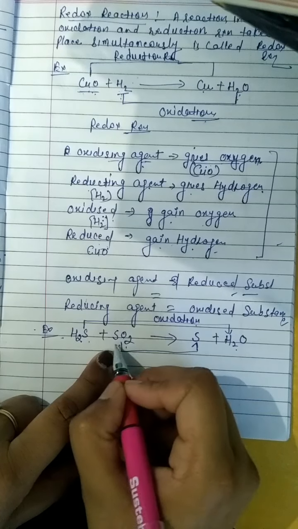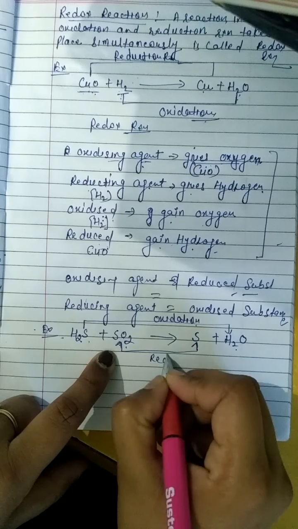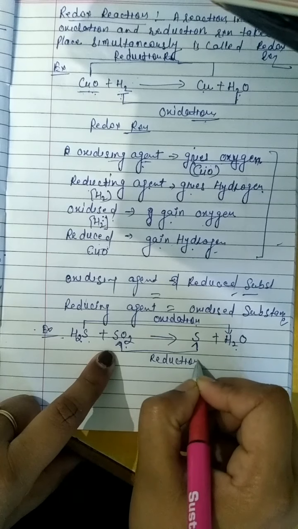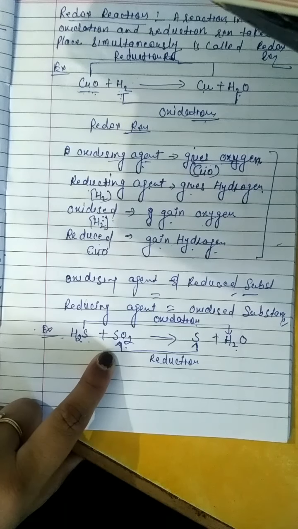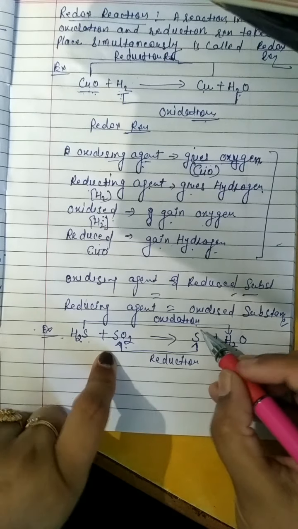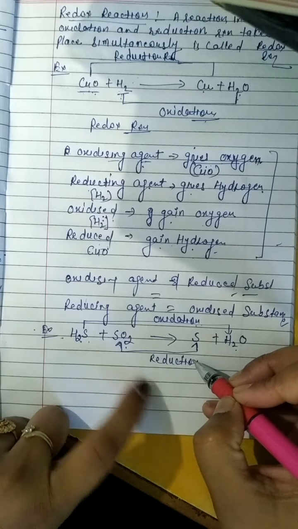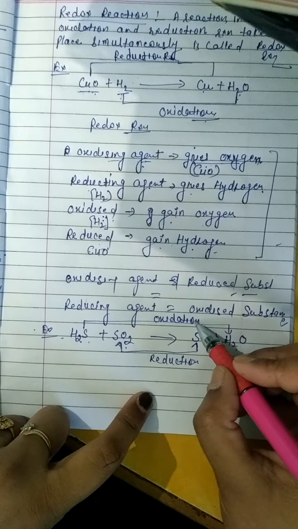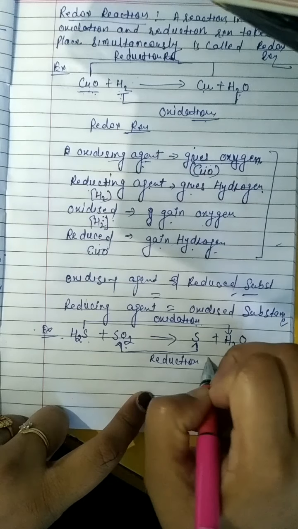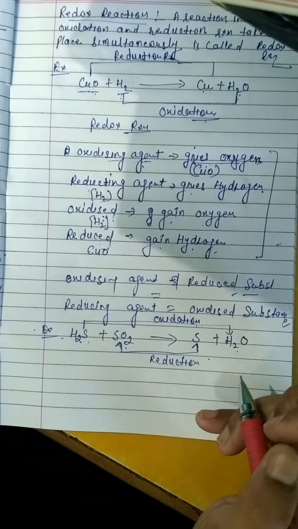So that's why it is the reduction. Clear? And in this reaction, oxidation and the reduction reaction both take place. So that's why it is the example of a redox reaction also.